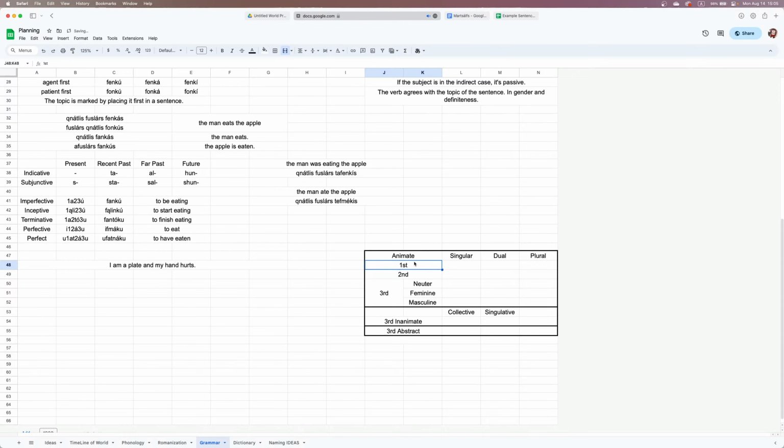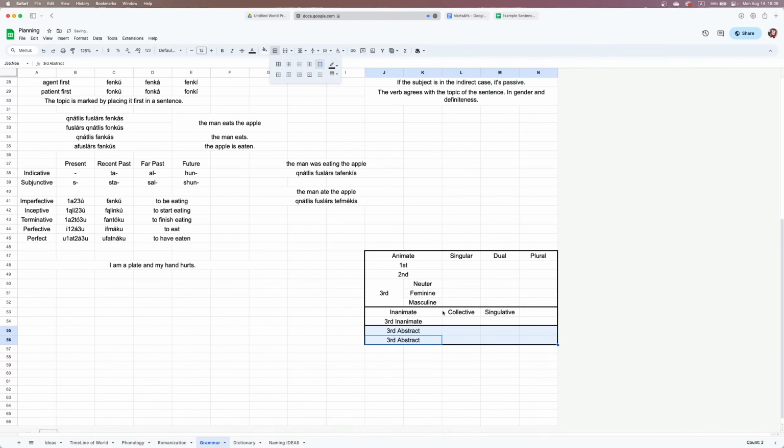So animate, and then abstract. Block that out.